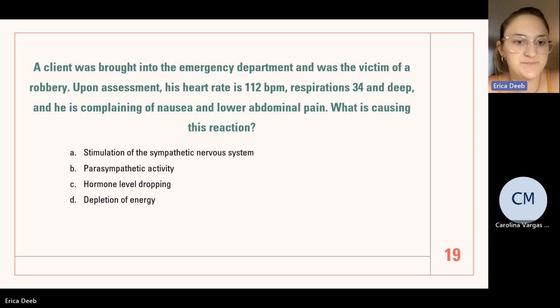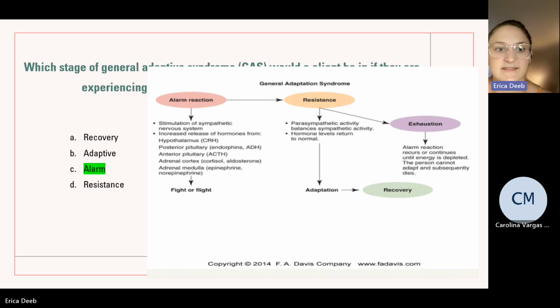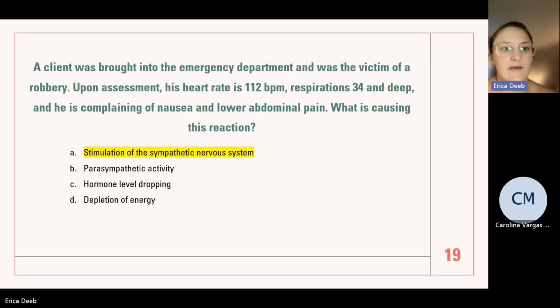So for this one, the answer is going to be A, his sympathetic nervous system is stimulated. So he is in the alarm stage of the general adaptation syndrome with this. And we know that because he has a heart rate of 112, we know normal is 60 to 100, so he's having some tachycardia.